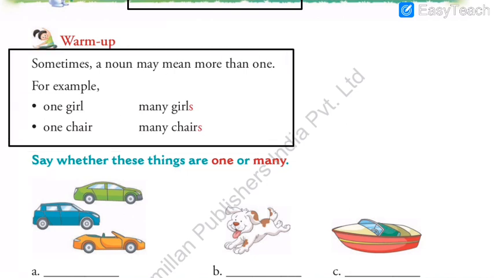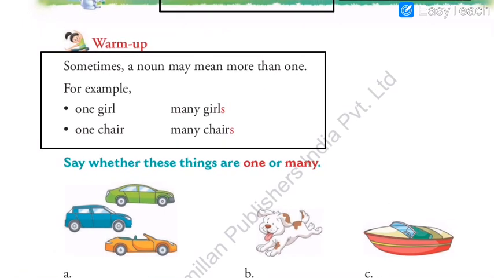the warm-up exercise. Sometimes a noun may mean more than one. Now, what does this mean? Sometimes a noun may mean more than one. What does it mean? For example, one girl, many girls. One chair, many chairs.